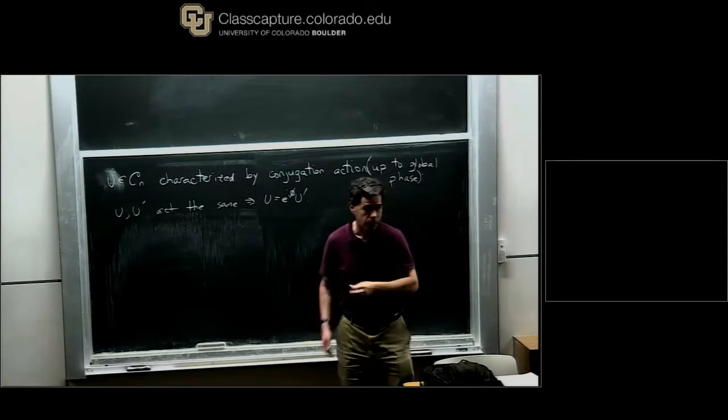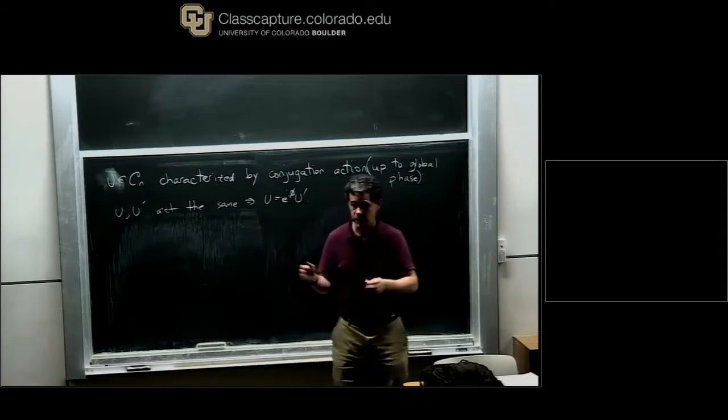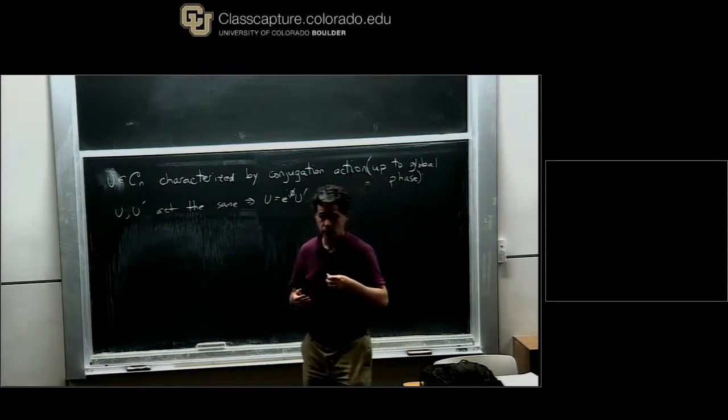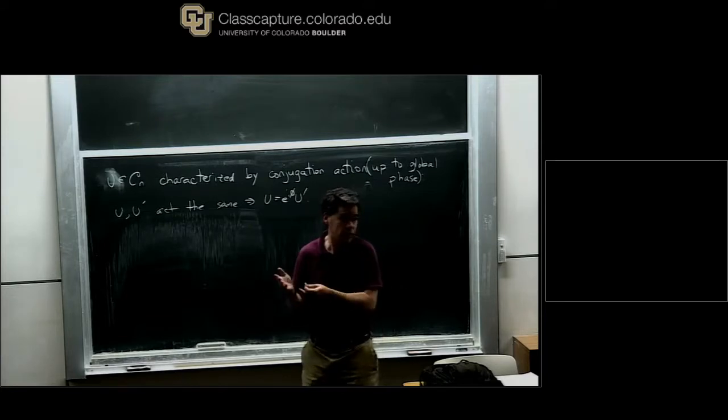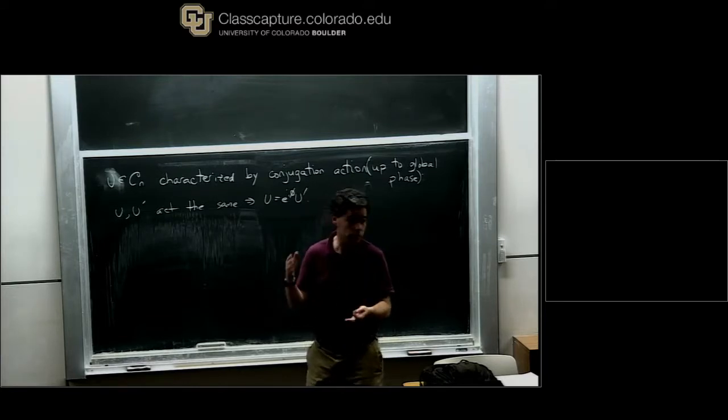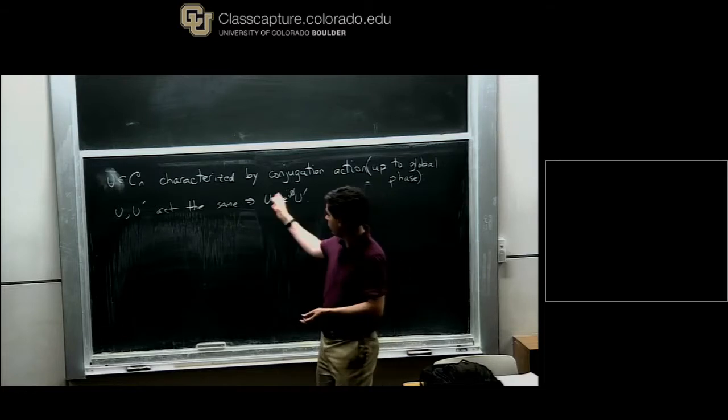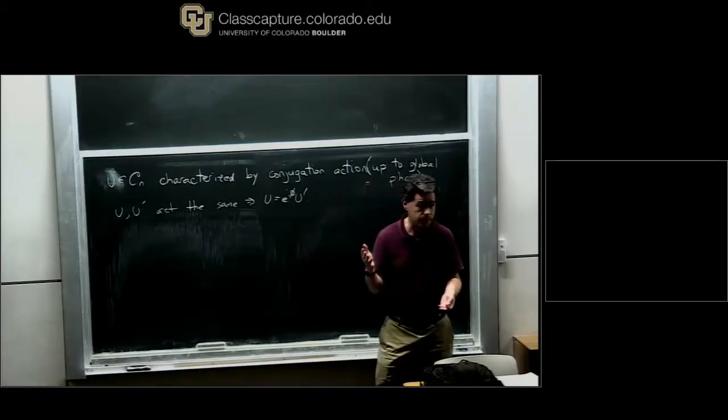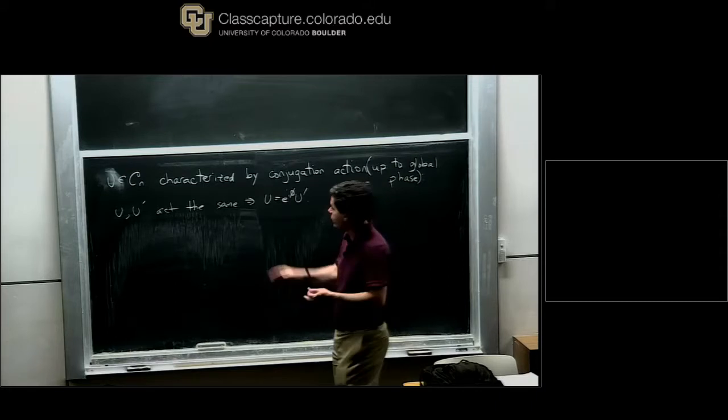So if I have the conjugation action and I find some circuit that creates the correct conjugation action, it will give me the unitary that I wanted up to some phase that is not physically meaningful. So how do I prove this?